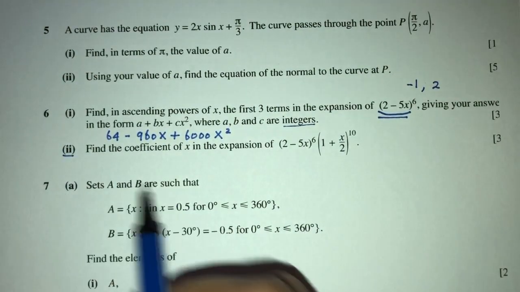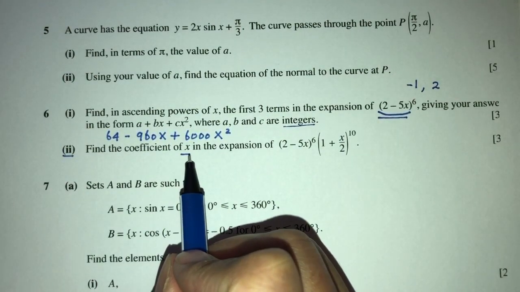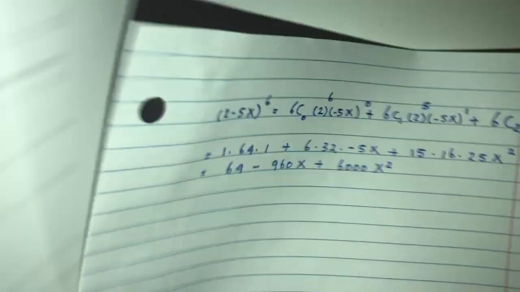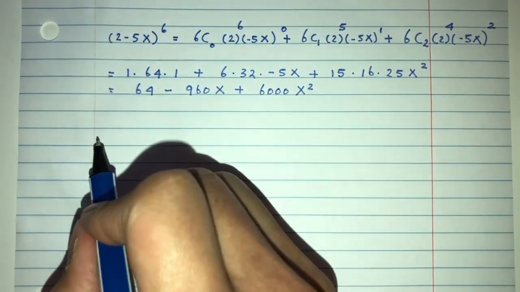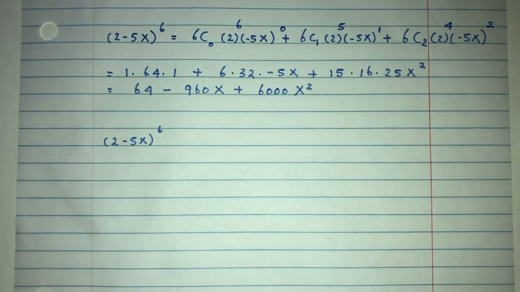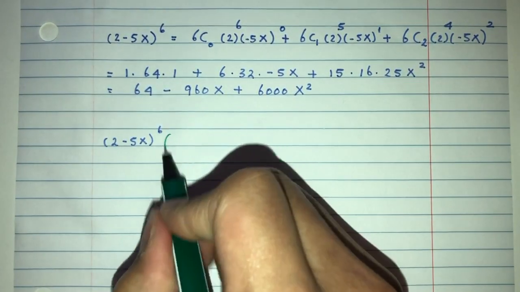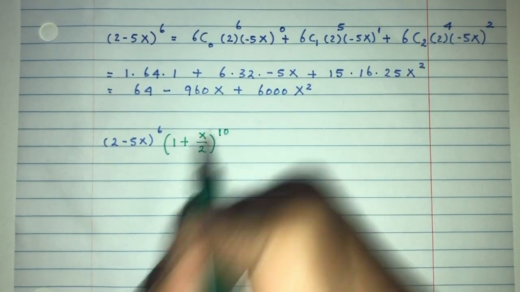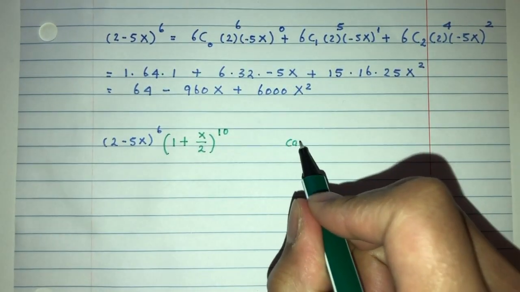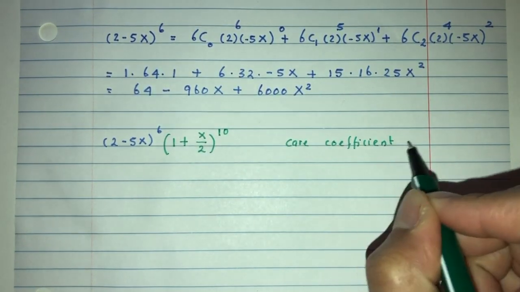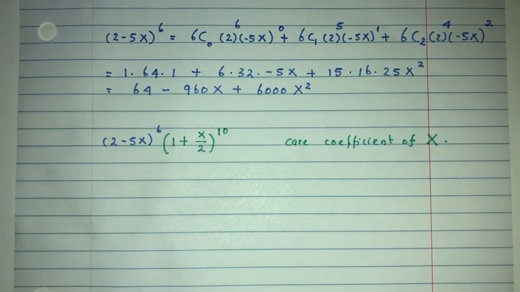Now part 2, we have to find the coefficient of x in this expansion. So let me write this down on this side. Here we have (2 minus 5x) power 6 multiplied by (1 plus x over 2) to the power of 10. Now, we only care about the coefficient of x, so we only need the term in x.